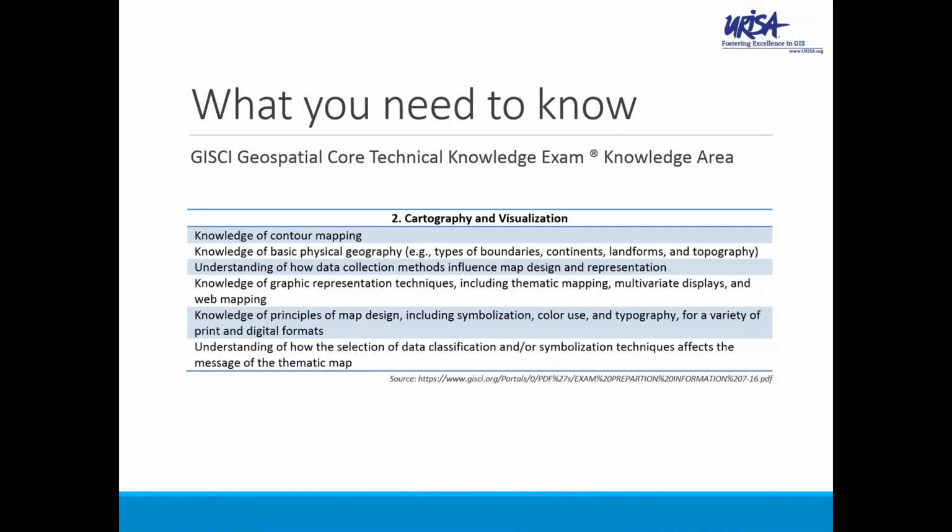This includes symbolization and color use, typography, not topography, also important though. And you need to understand how this impacts a variety of print and digital formats. The 6th key element is the understanding of how the selection of data classification and the symbolization techniques affect the message of the thematic map.